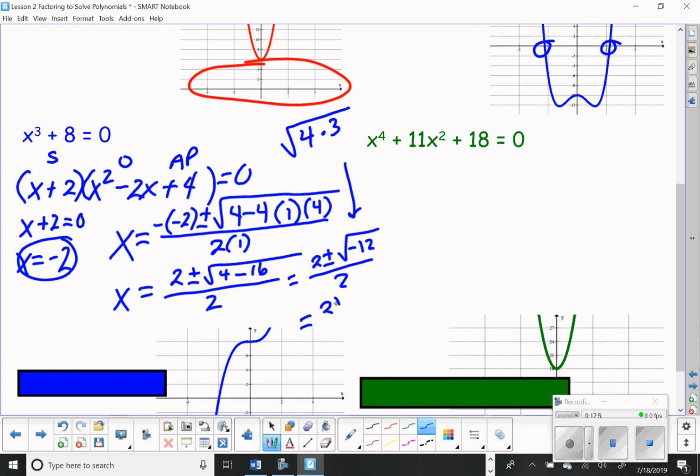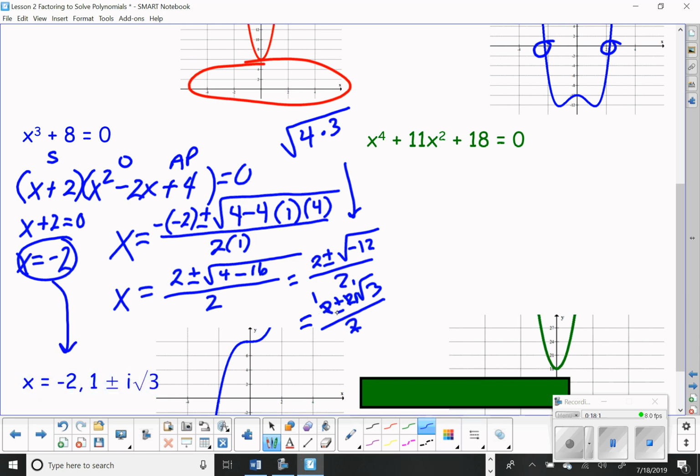So I'll get 2 plus or minus 2 root 3 over 2. Oh, I can't forget my i here because I got the negative out. Now everybody cancels and you wind up with, you've got your negative 2 here, and then you've got 1 plus or minus i root 3. Okay?